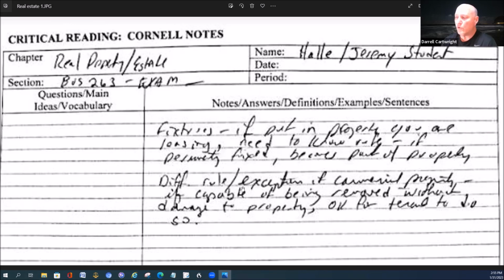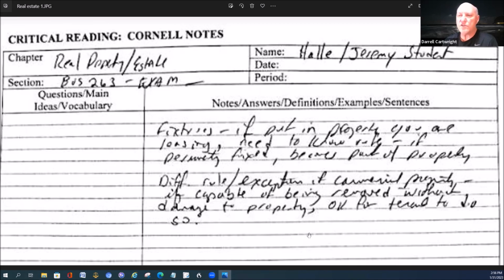There's a different rule or an exception if it's commercial property or business property. If the fixture is capable of being removed without damage to the property, then it's okay for the tenant to do so. So the tenant can take the property back. So that's the first part.